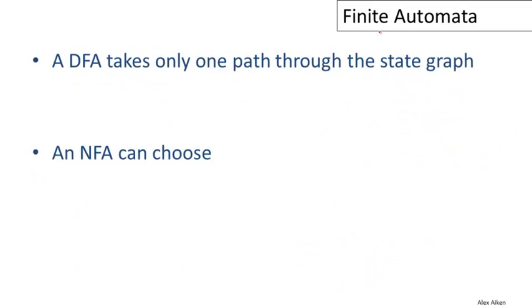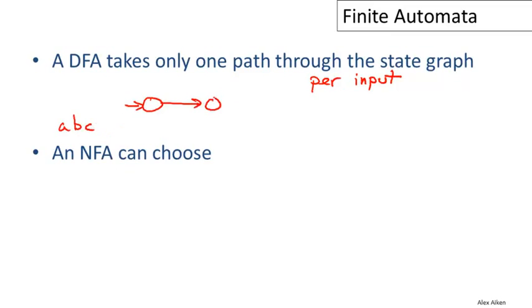A key property of a deterministic automaton is that it can only take one path through the state graph per input. What do I mean by that? Well, the automaton always begins in the start state, and let's take a very simple input string like ABC.